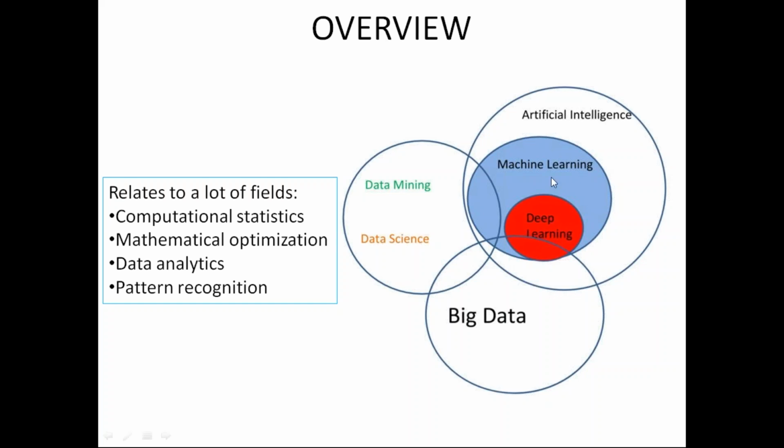Machine learning is not considered different from AI. Machine learning is actually a field of AI which has evolved mostly after the 1990s, as our computational power has increased.